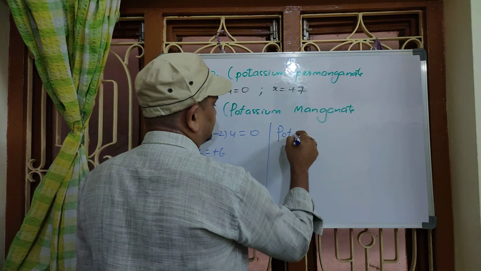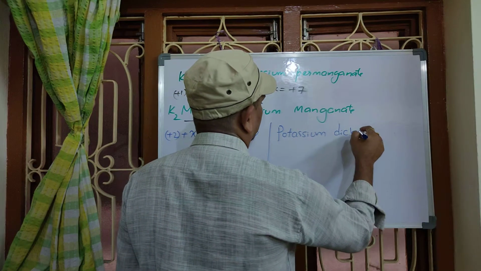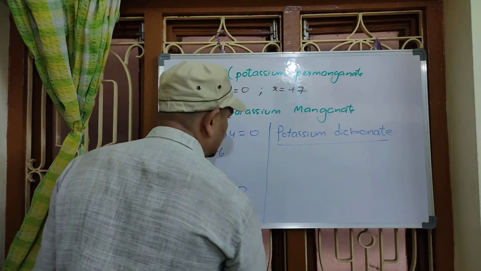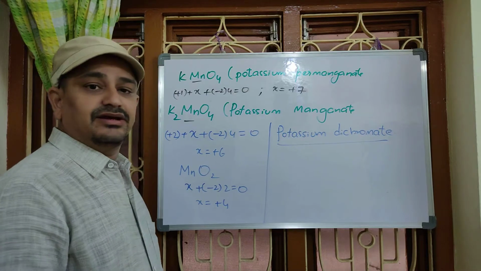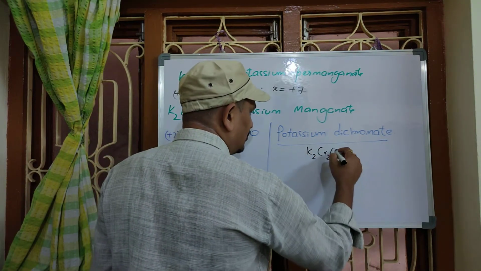Similarly, one more case. Potassium dichromate. What's the oxidation state of chromium in potassium dichromate? The formula is K2Cr2O7.